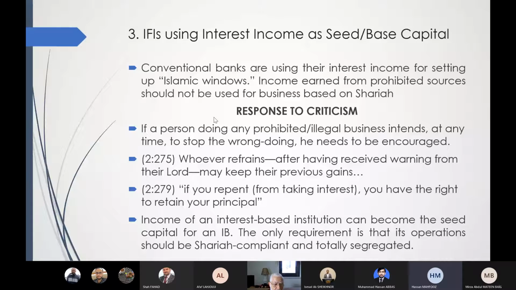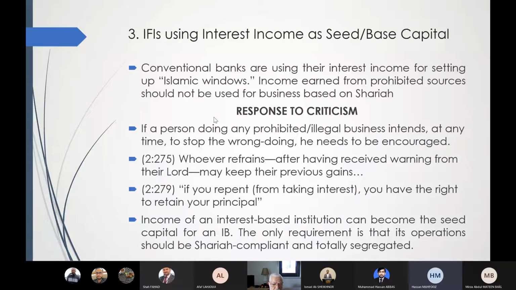So I read in a book, one of the responses was that if a person doing any prohibited business intends to stop the wrongdoings and he intends to repent, then that needs to be encouraged. And from the Quran, it says, whoever refrains after having received warning from the Lord may keep their previous gains, in Surah Baqarah.